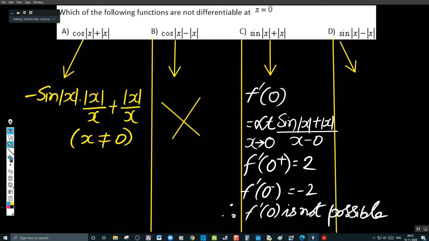I'll show it here itself. This one I'm showing here itself. I'm not writing it again. For this one, just understand this becomes minus. When that becomes minus, obviously f dash of 0 plus means this becomes 0.